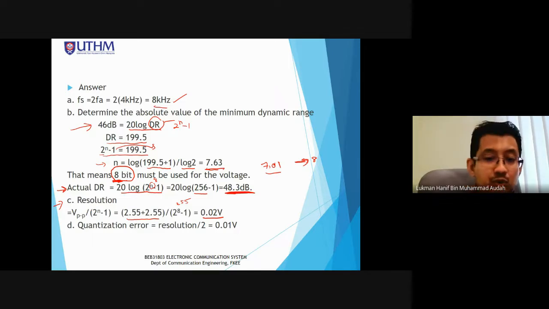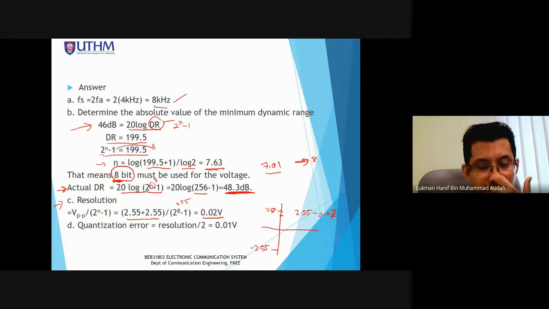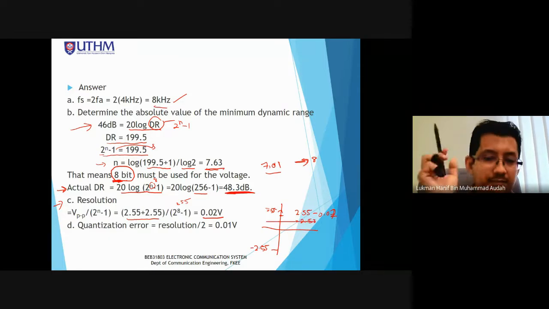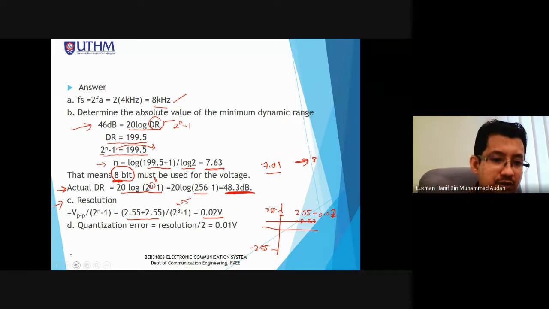So tadi kalau kita ambil contoh, okay, so 2.55 paling besar dan yang paling minimum di sini adalah negatif 2.55. So kalau saya nak tahu berapakah satu level di bawah maksimum ini, dia bersamaan dengan 2.55 tolakkan dengan 0.02. So therefore ini adalah 2.53, okay, 2.53 volt.